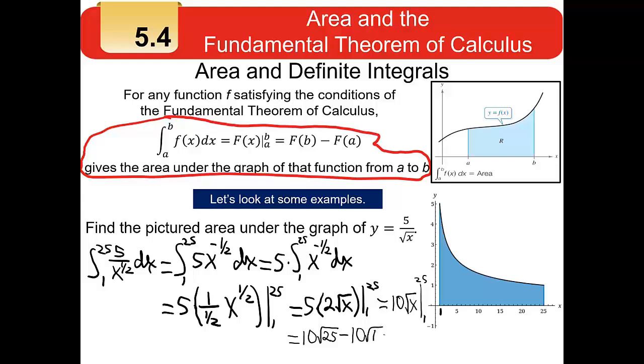Square root of 25 is 5, so you get 10 times 5 is 50 from here, minus 10 times square root of 1, which is 1, 10 times 1 is 10, so you end up with 40. Again, no symmetry involved, so there's no alternate way to do this, but the process is very straightforward.